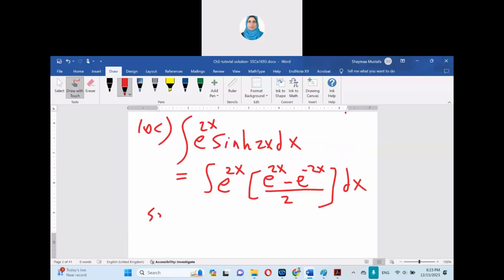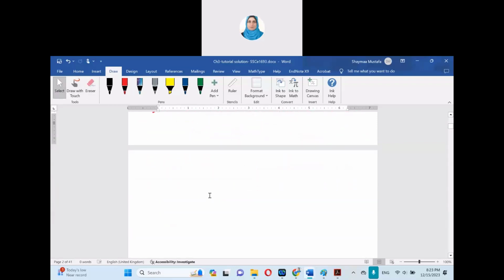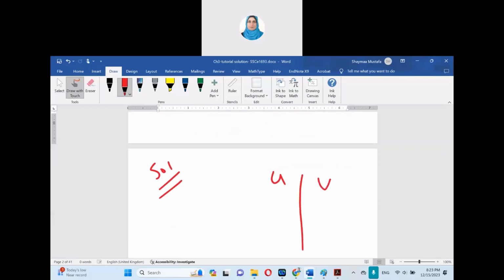If I need to solve using the tabular method, you choose one for integration, one for derivative, u and v.